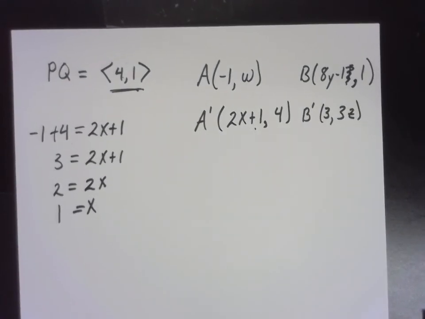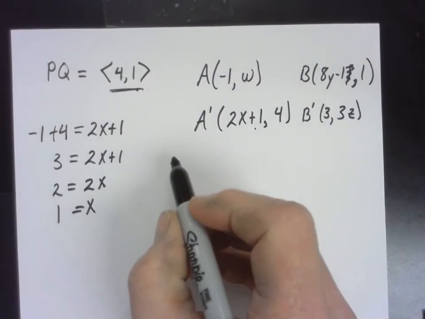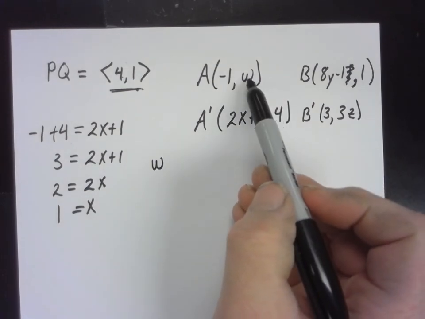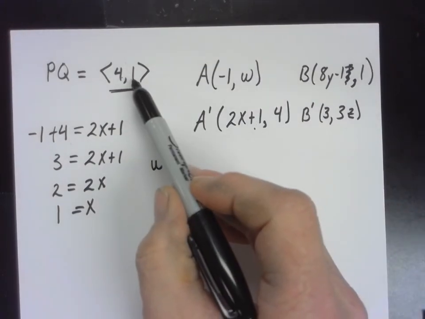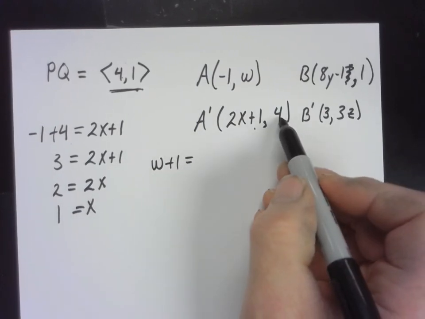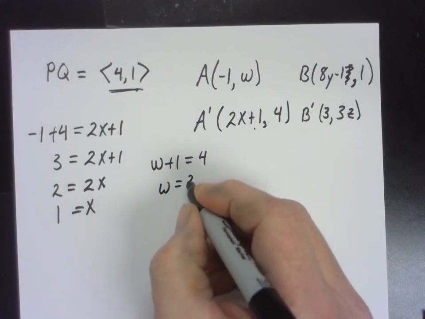What do you think? That seem logical? Okay, let's do the y part. We know we're starting at w, and then what are we going to do to this y coordinate? We're going to add 1, and where are we going to end up? At 4. So w must be a 3.